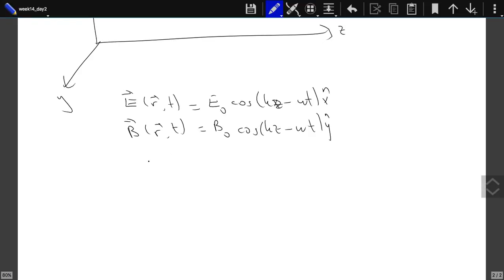And then we said that this is possible only if E0 over B0 is equal to the speed of light, which we found out has to be equal to 1 over square root of epsilon 0 mu 0. If this is satisfied, then it is possible to have such a field.